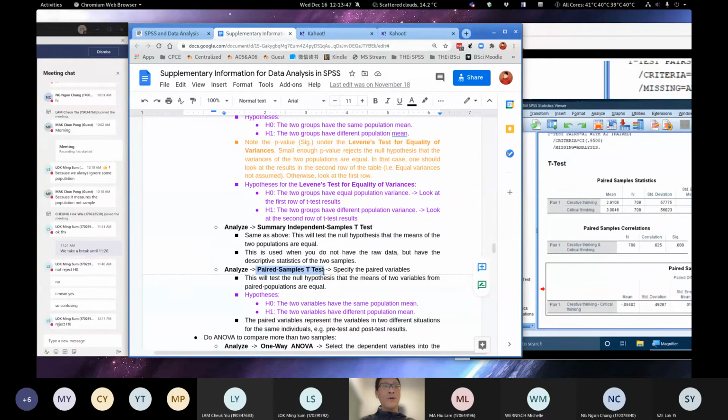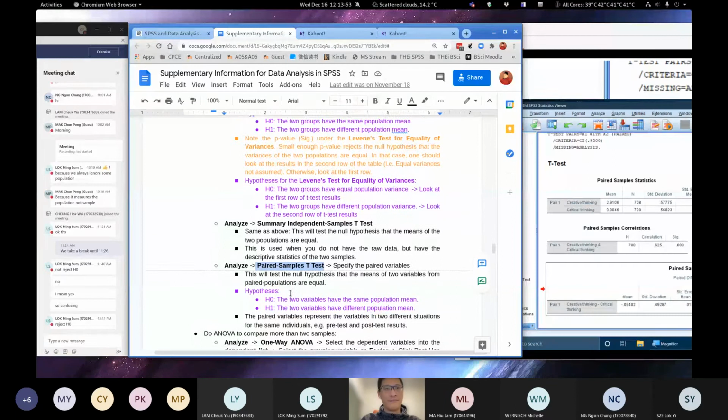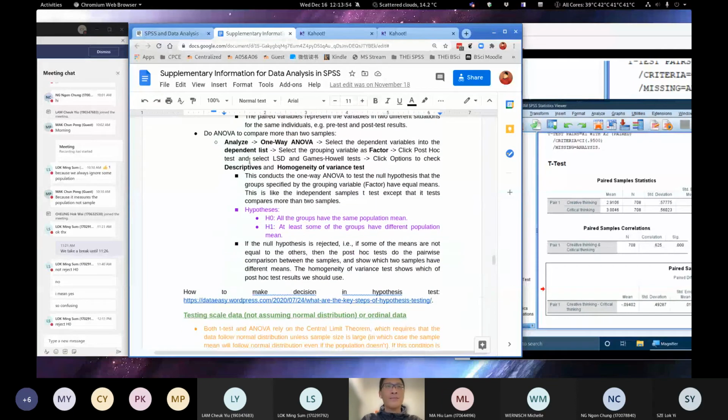Now, but again, this only involves 2 groups. Now, what if we have 3 groups? When we have 3 groups, or we say we have more than 2 samples, then we need to do something else. The t-test cannot help you. The t-test can only deal with 1 group or 2 groups.